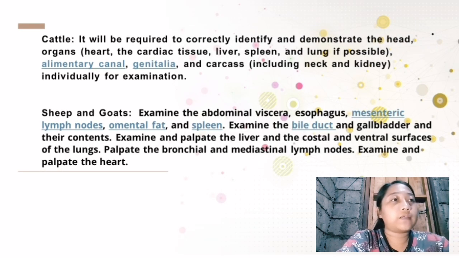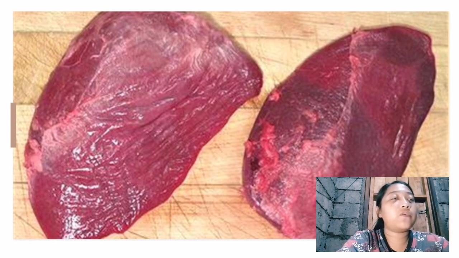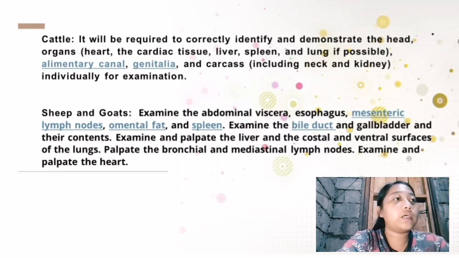And the spleen. So this is the spleen of the sheep and goat that should also be inspected during postmortem activity. Examine the bile duct and gallbladder and their contents.